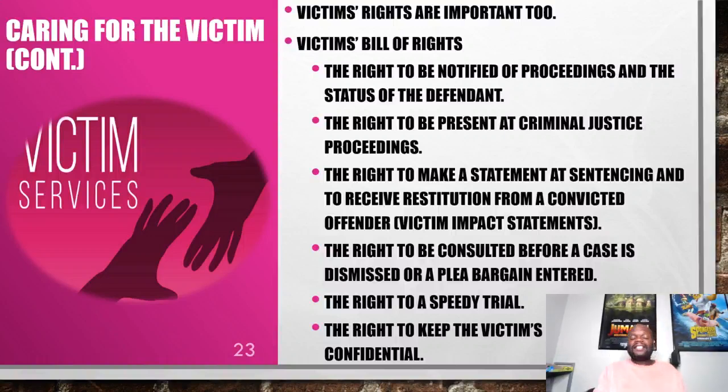Many states have some variation of the Victim's Bill of Rights. Victims have the right to be notified. They have the right to know what's going on with the individual who wronged them or who harmed them or who caused them to become a victim. They have the right to be present at criminal justice proceedings.